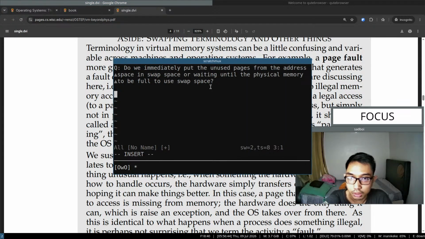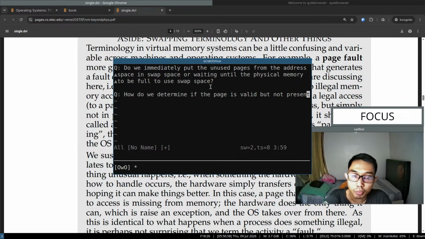Maybe the next question: how do we determine if the page is valid but not present in memory, or the page is invalid?